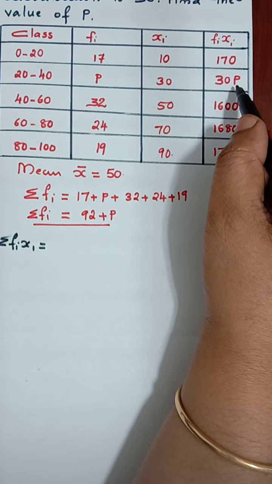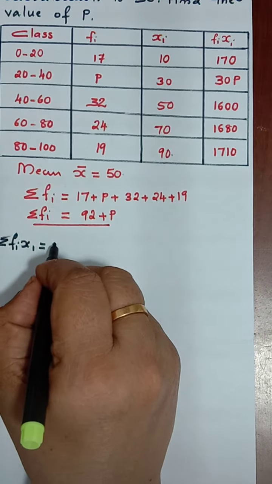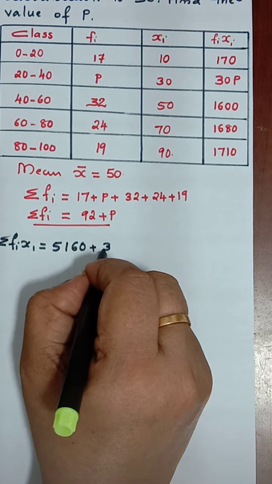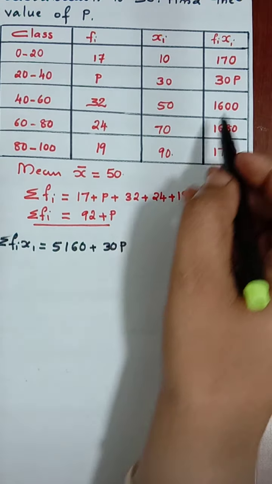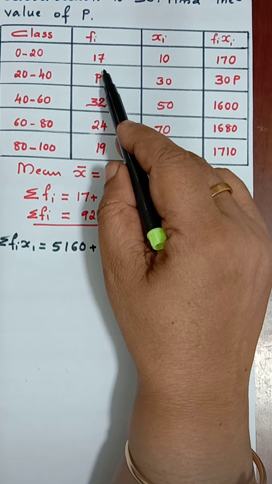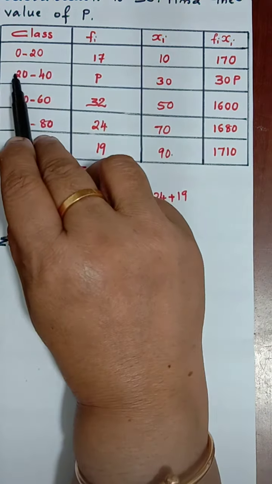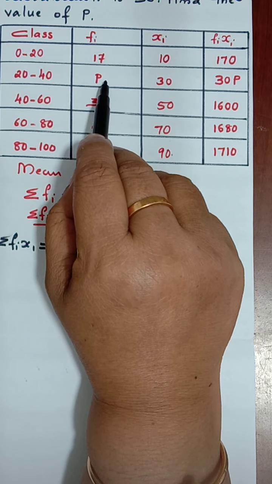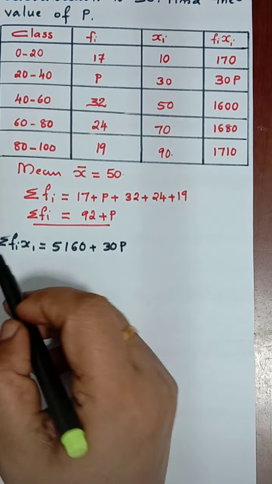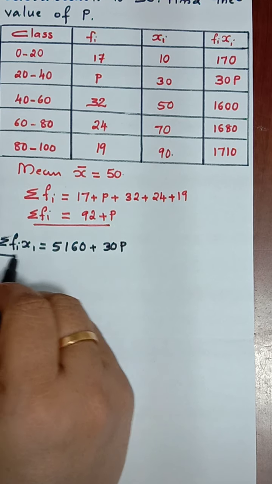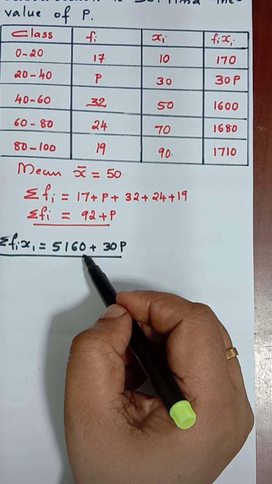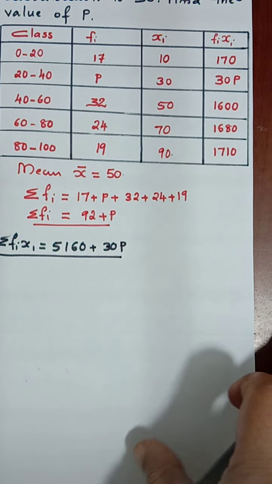When we add all this, we get 5160 plus 30P. Here the unknown variable is P. P is the missing frequency of the second class, that is 20 to 40. So here we got sigma fi also. Both the main points we got. Now we will be substituting in the formula.